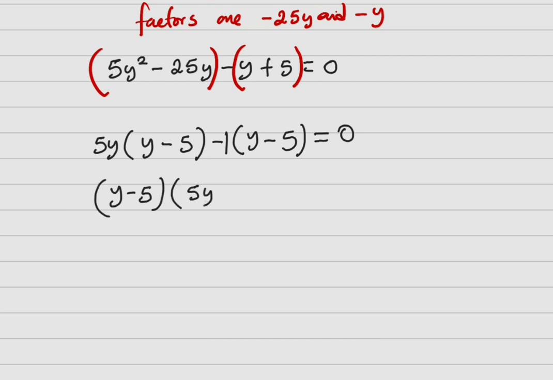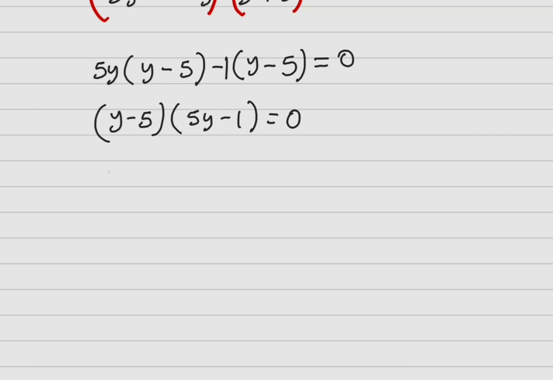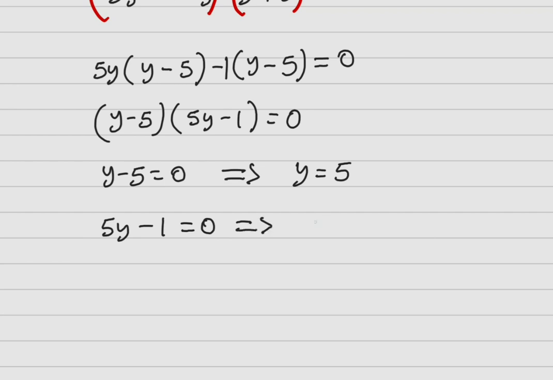Then we have 5y minus 1 is equals to 0. So therefore, either y minus 5 is equals to 0, which implies that y is equals to 5, or 5y minus 1 is equals to 0, which implies that 5y is equals to 1, which actually implies that y is equals to 1 over 5.